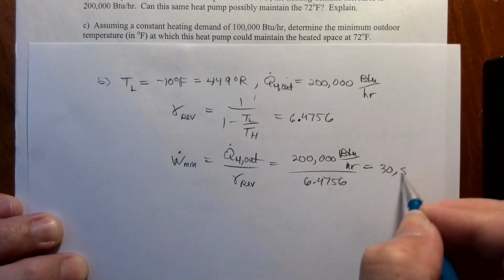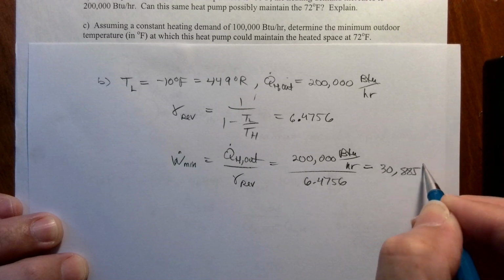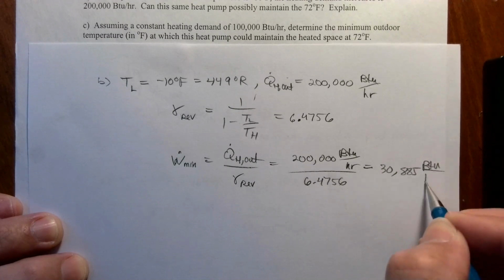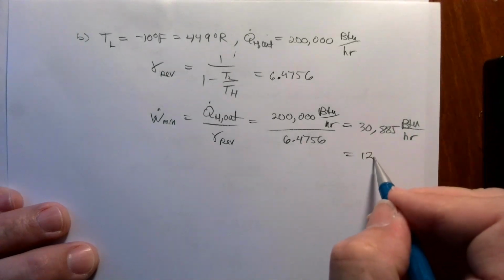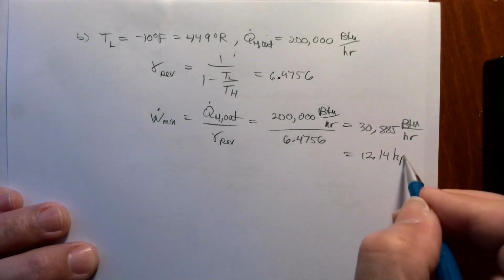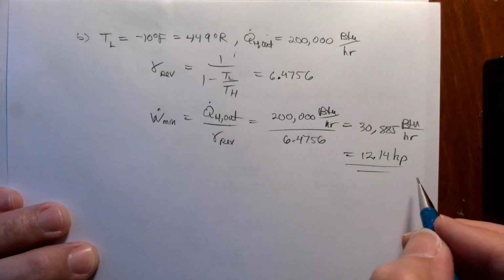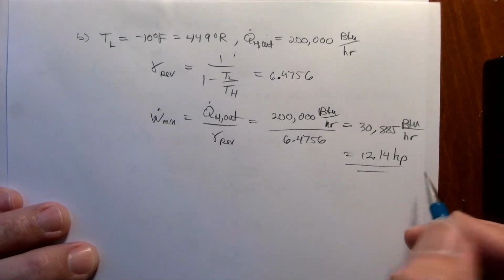So in this case, 30,085 BTUs per hour. In terms of horsepower, this is 12.14 horsepower. So larger than the 7.5 horsepower we have available.